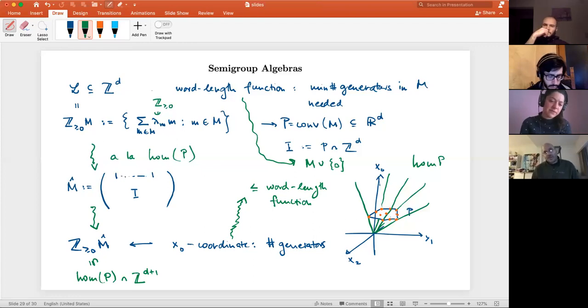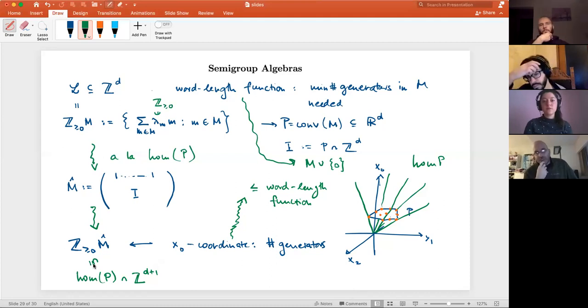I think of Helm P as a cone, generated with real parameters from those orange points. But inside that cone, there's a discrete version, where we generate non-negative integer combinations of these orange points. And so they sit inside the integer point structure of Helm P.